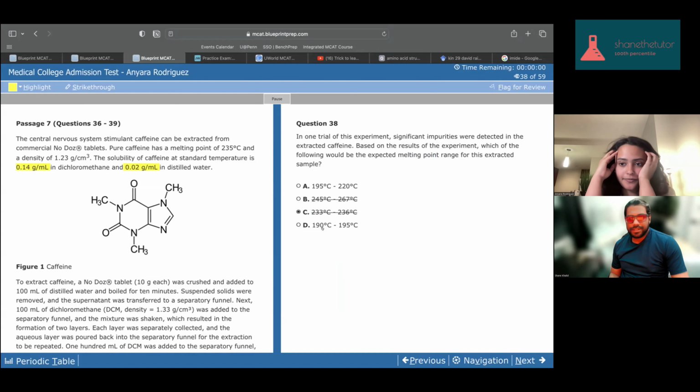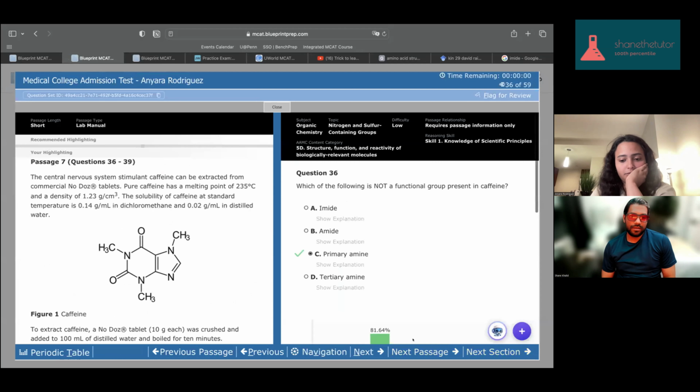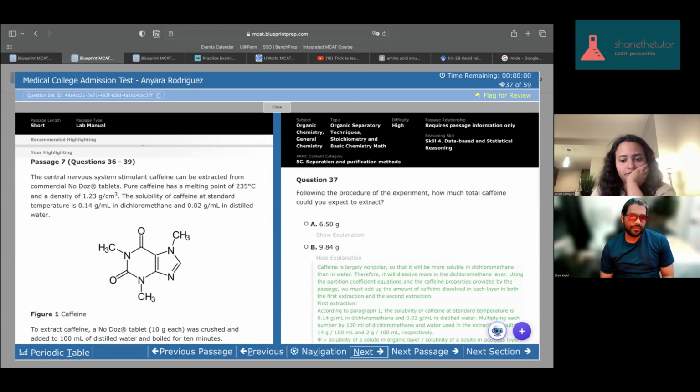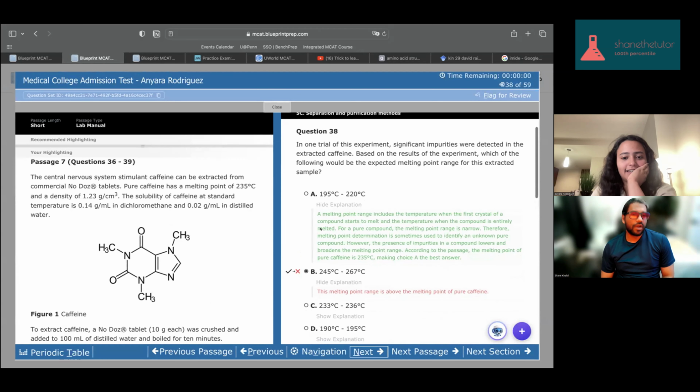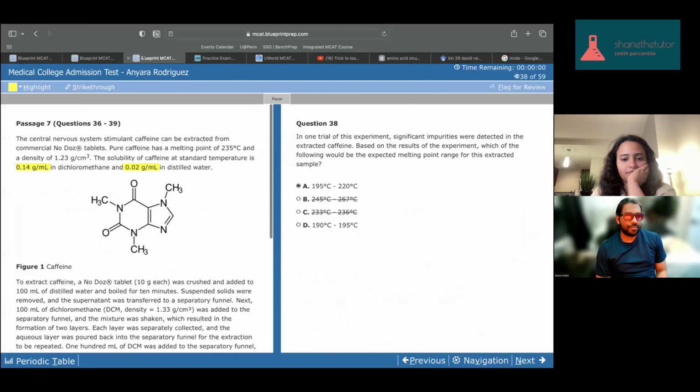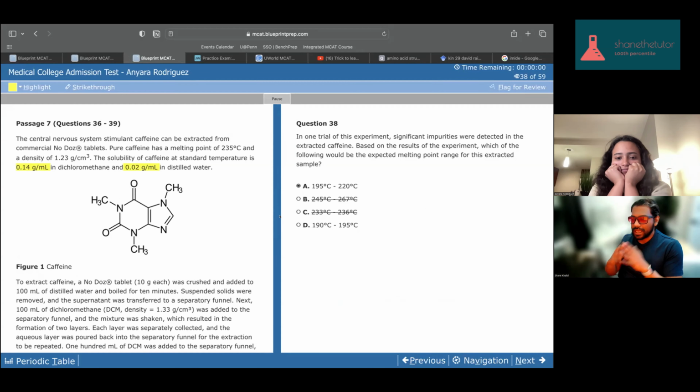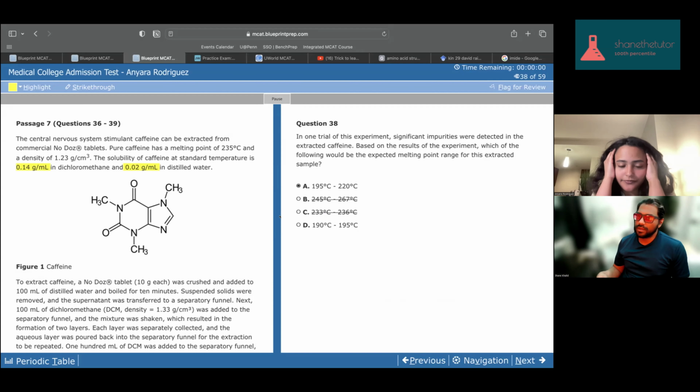So I think it would be A. Because a pure substance should have a sharp range for its melting point and boiling point. But if it's impure, that's where you'll have it lower, but it'll be a broader range because of all those impurities.